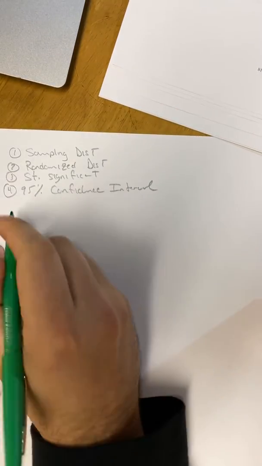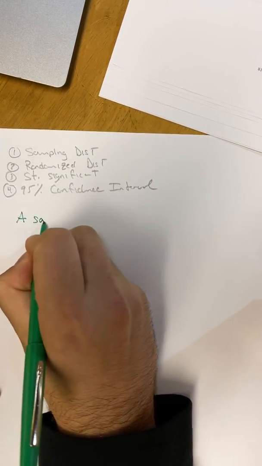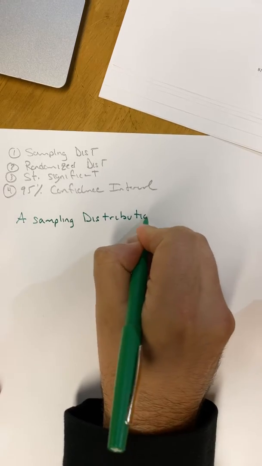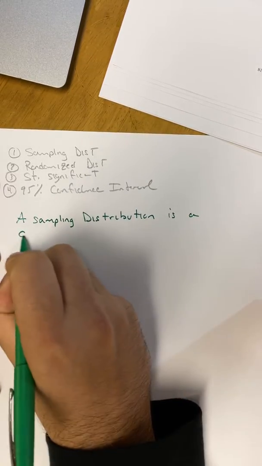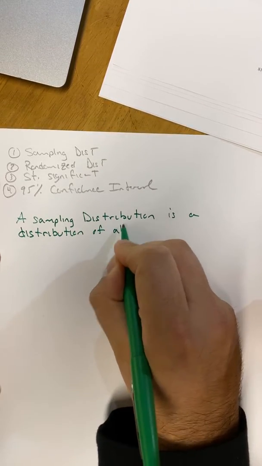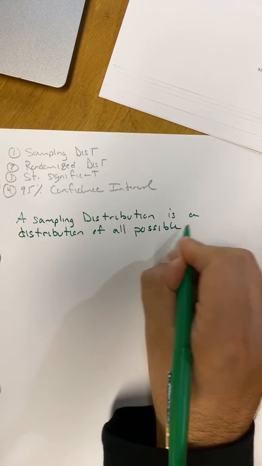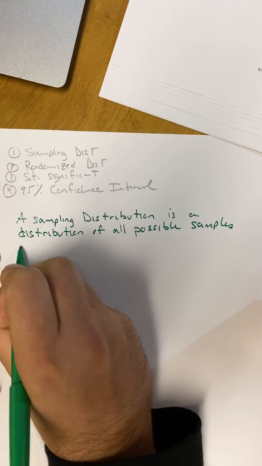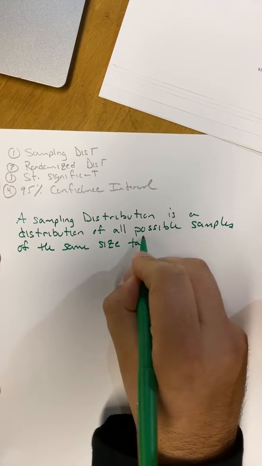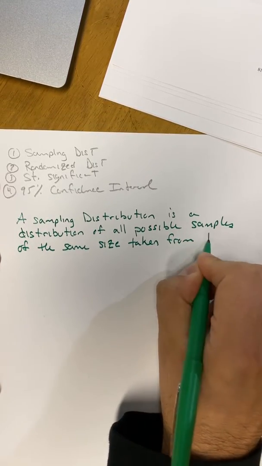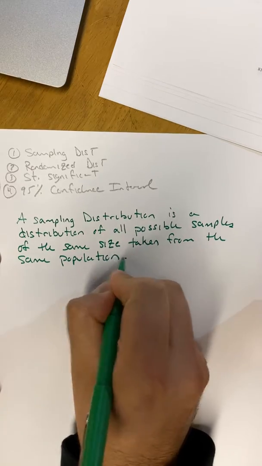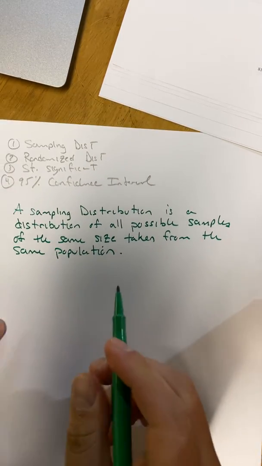All right, so this is a sampling distribution. This is an illustration of this definition.